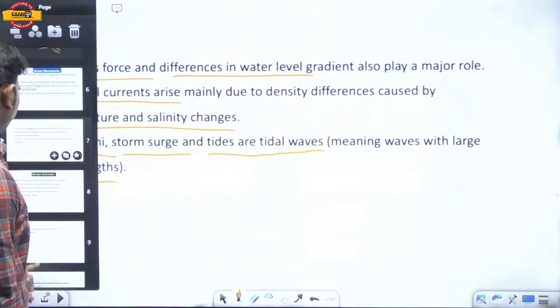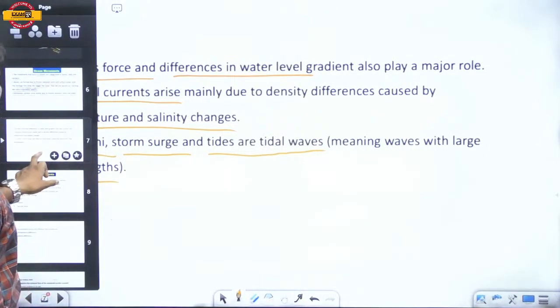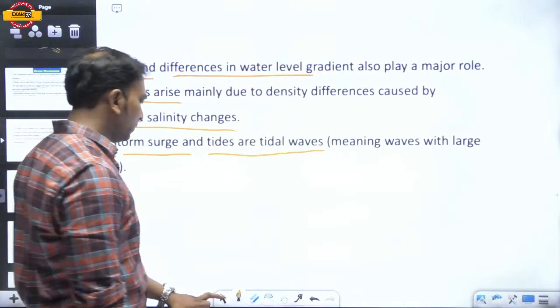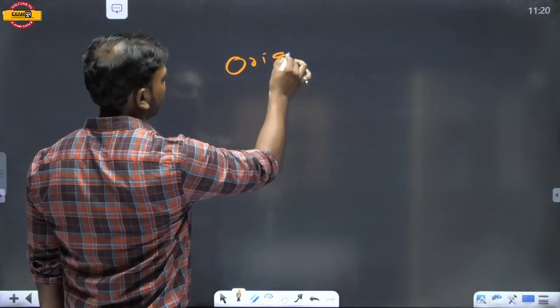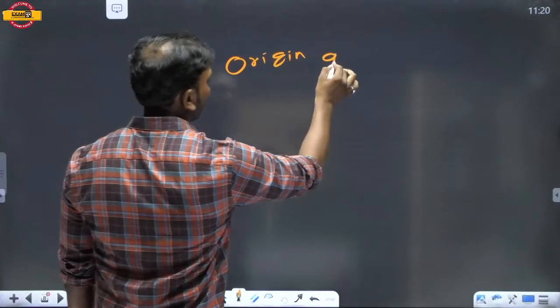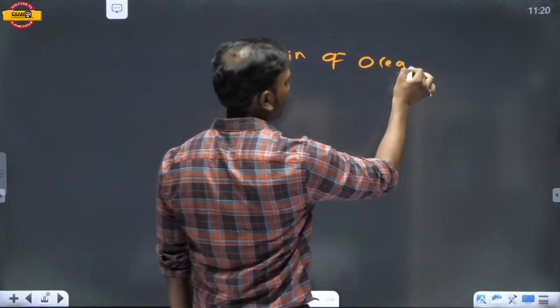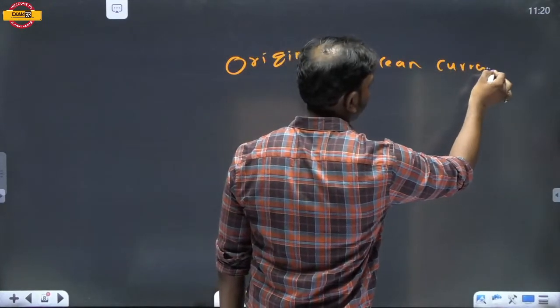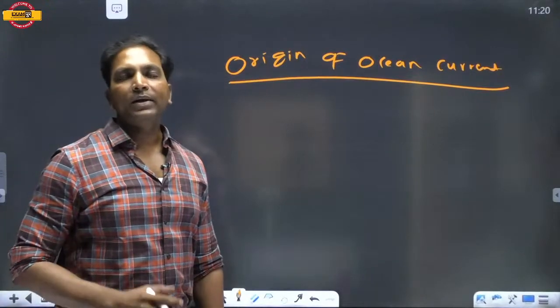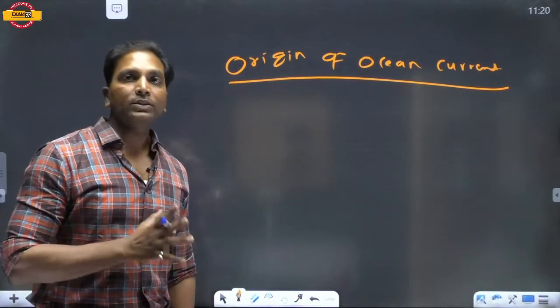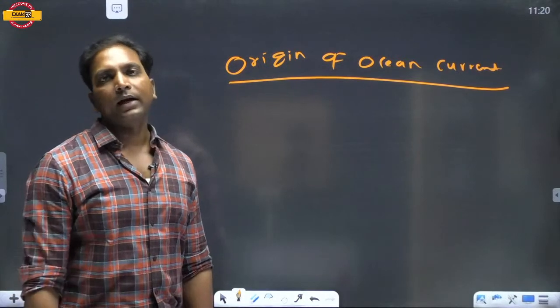let's see the next point, how the ocean currents originates. Now we are going for origin of ocean currents. How it happens? So there are two primarily forces which affects the origin of currents.